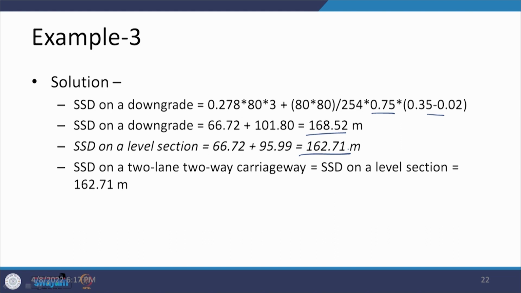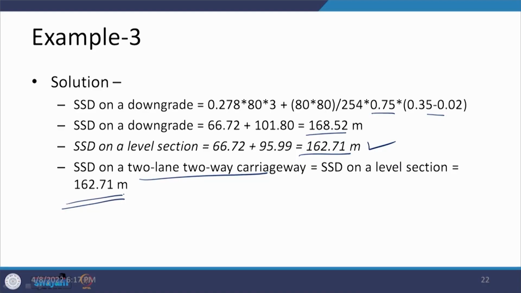So, you can see the effect of all of these conditions with respect to the traffic condition, the width of the carriageway, the gradient and so on. And here, because you are trying to find out for a 2-lane two-way carriageway, the effect of gradient is not going to be considered, but yes, the effect of the braking efficiency is considered here, which has given us a value of 162.71. So, we get 162.71 meters as the answer.